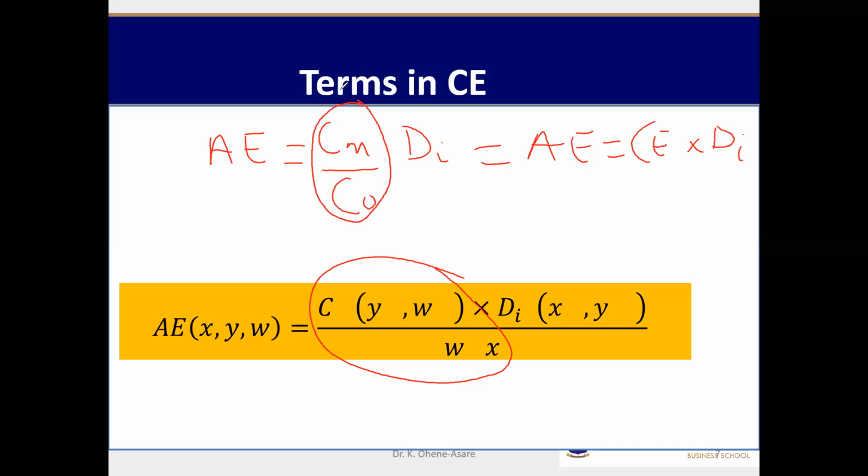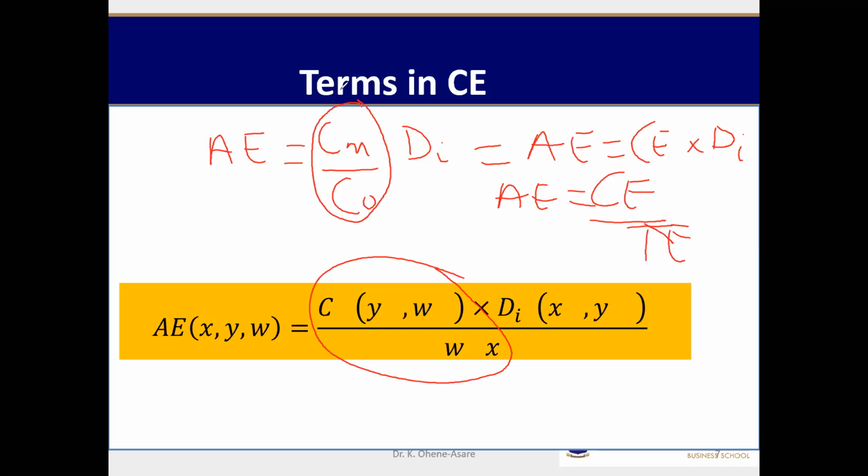But if we are to bring technical efficiency into it, because it's a reciprocal of the technical efficiency, then we are going to have allocative efficiency equal to more or less CE over D, over technical efficiency.